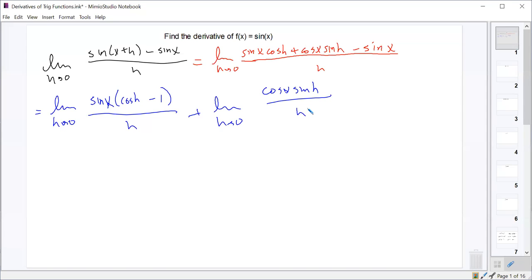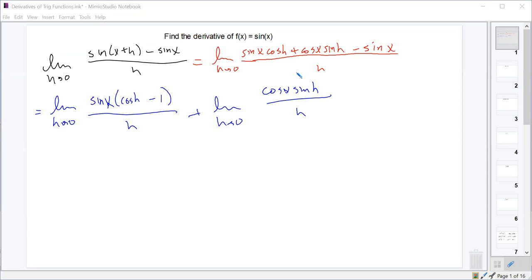Everybody okay with that? So I took the first and the last terms up there, combined them together in one limit, and factored the sine x out of them. And I just put the other term, cosine x sine h over h, in as the second limit. Good or no? Good. All right.